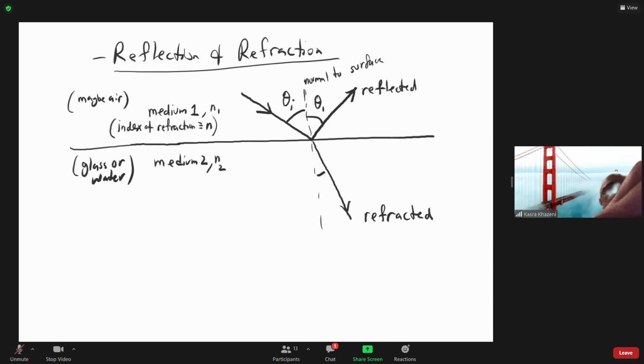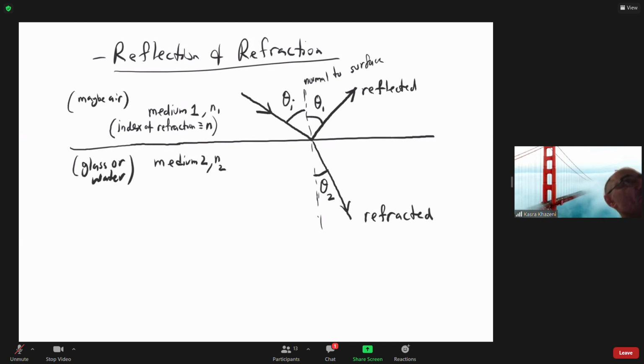And we also measure that angle with respect to the normal. So there's this incident angle, and then there's this reflected portion. You have all seen that the surface of glass or water reflects some of the light, and some of it goes through, obviously.